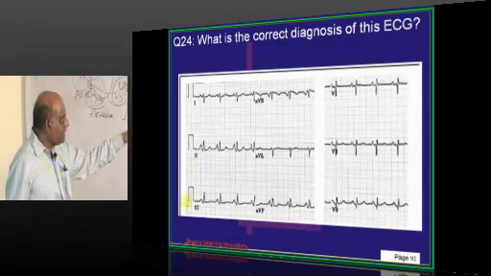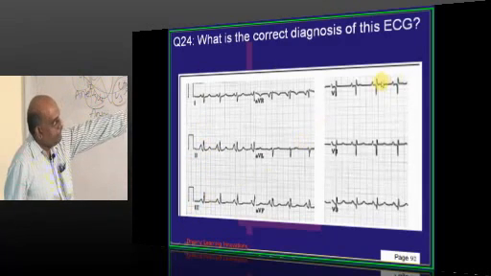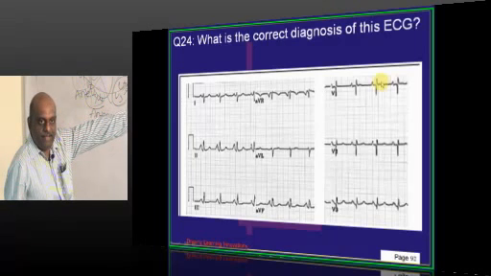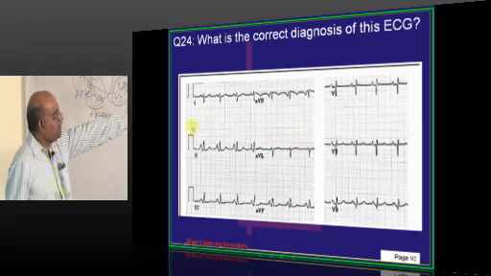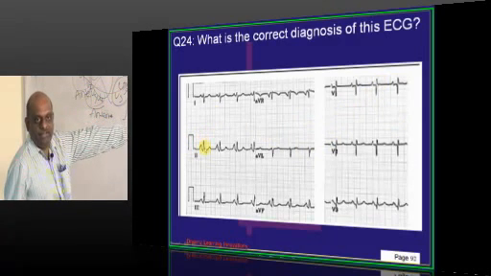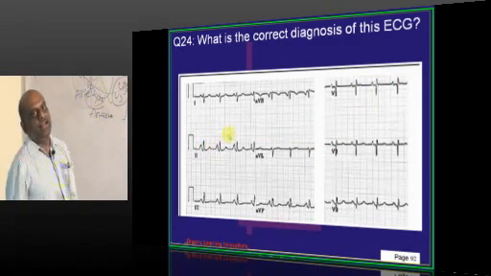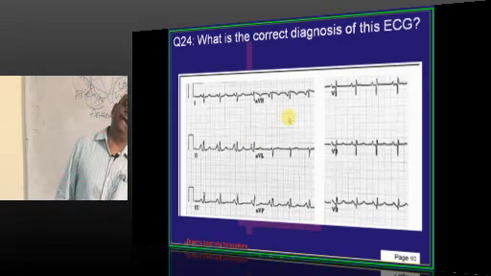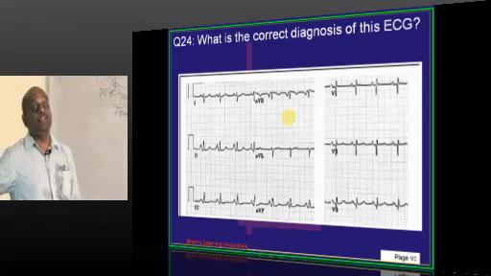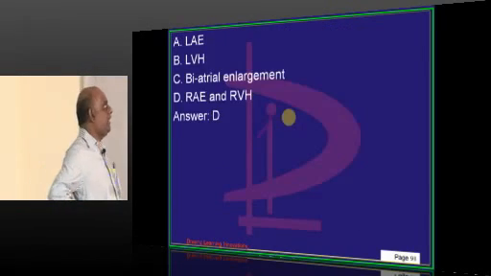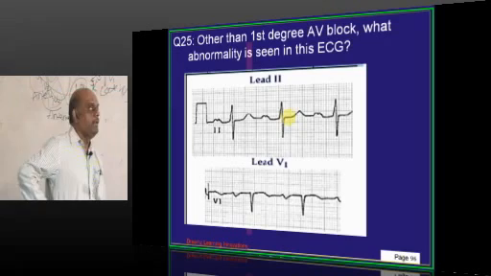So because there is a right axis deviation with a positivity in the R wave, it is a right ventricular enlargement. Along with that you are also having prominent P wave in the lead 2, hence it is right atrial enlargement, a combination of right atrial and right ventricular enlargement, which you will see whenever there is pulmonary hypertension. That's what you need to basically remember.